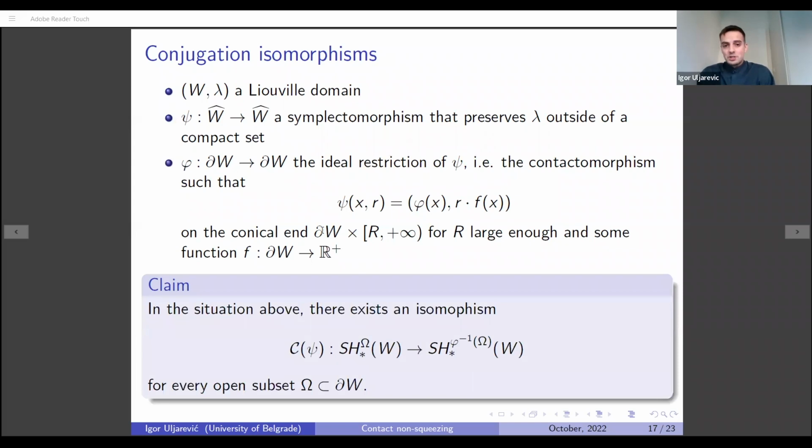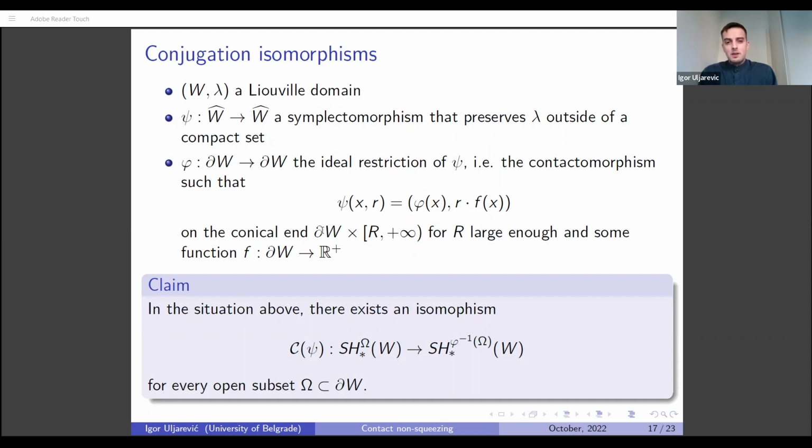Now, the conjugation isomorphism that is related to psi maps selective symplectic homology for omega to that of the pre-image of omega under the ideal restriction. I didn't actually write down exactly how this conjugation isomorphism is defined.